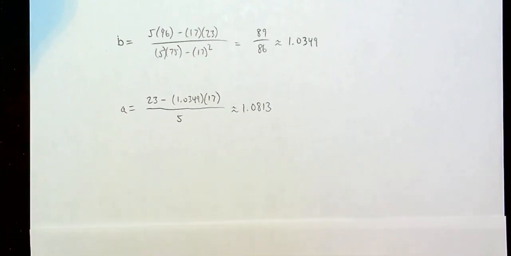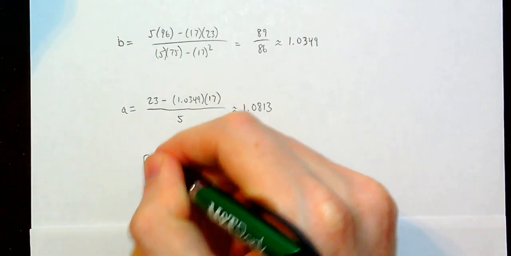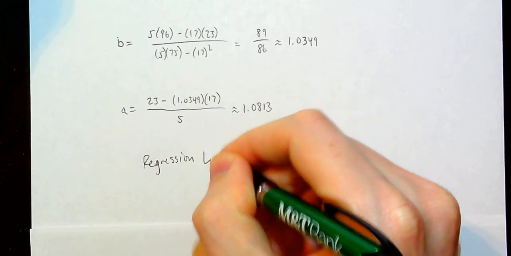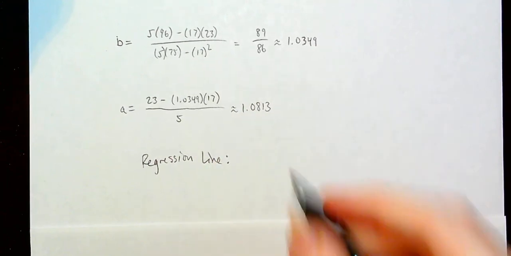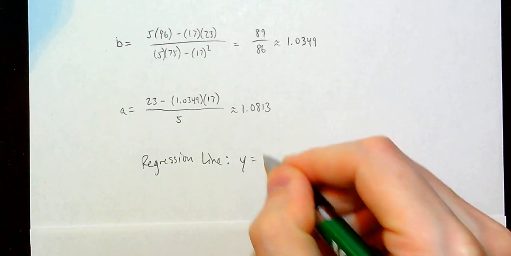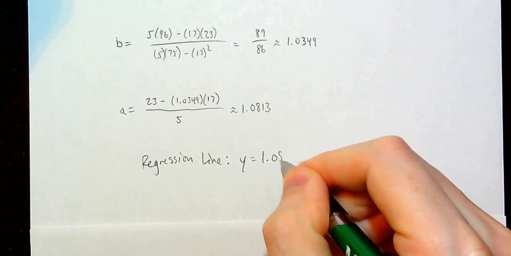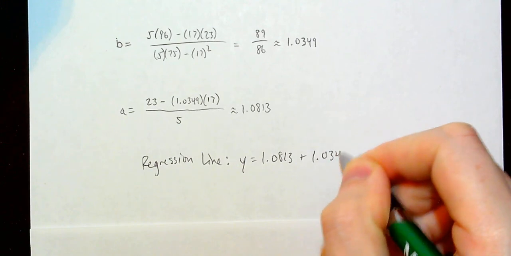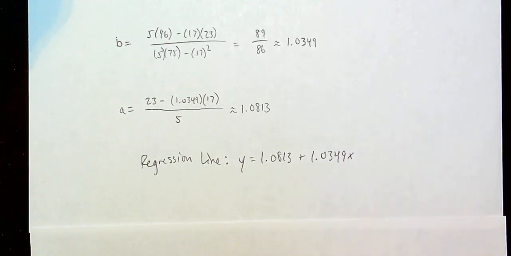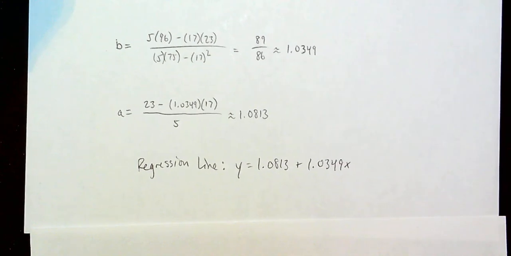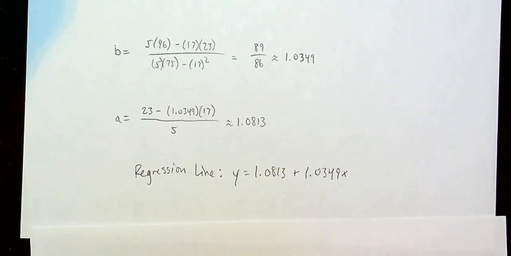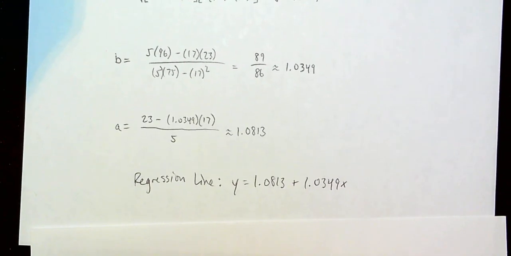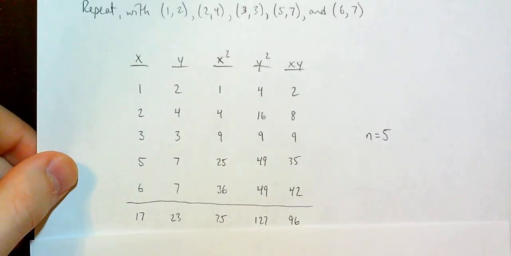So then we can thus say that the regression line has equation y equals 1.0813 plus 1.0349x. And this is the equation for the regression line, or the line of best fit, for our given 5 ordered pairs here.